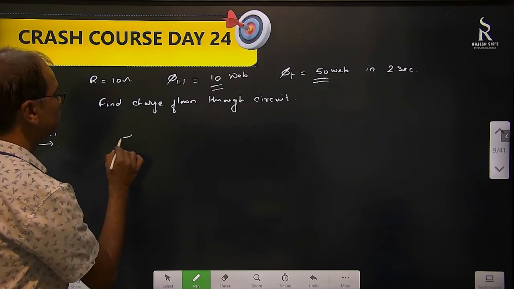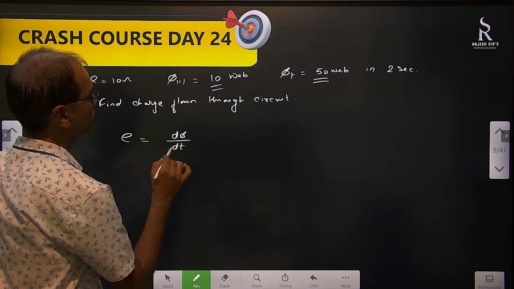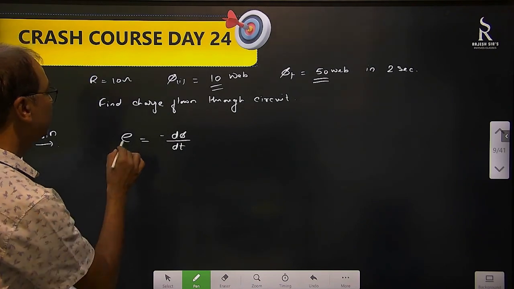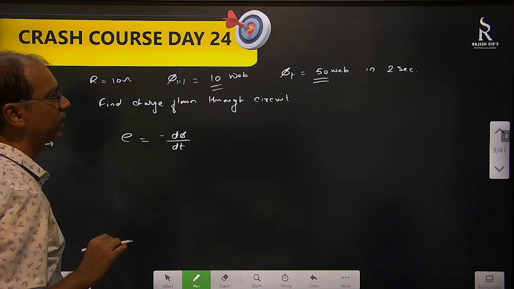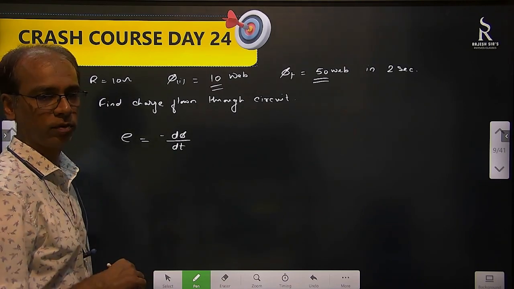Till now we know that E is equal to negative d phi by dt. Now E is the EMF. If they are talking about resistance and charge flown, that means definitely there is current flowing in that.